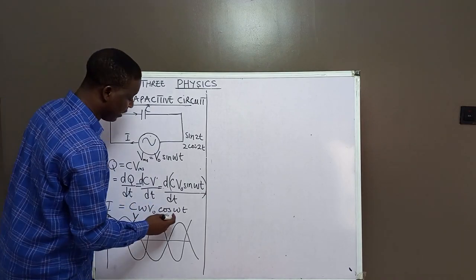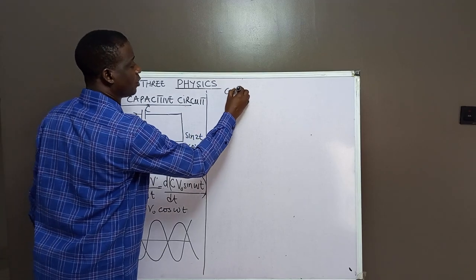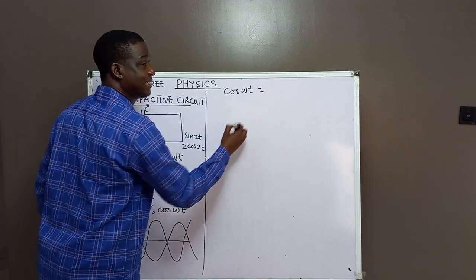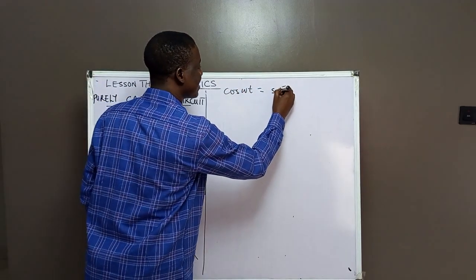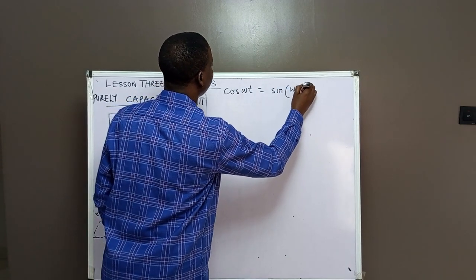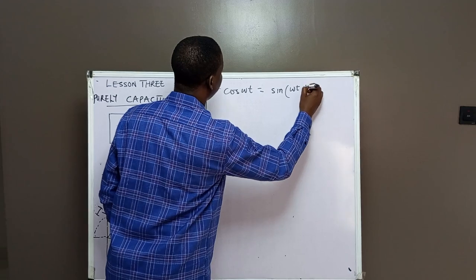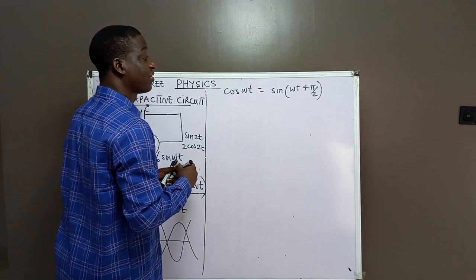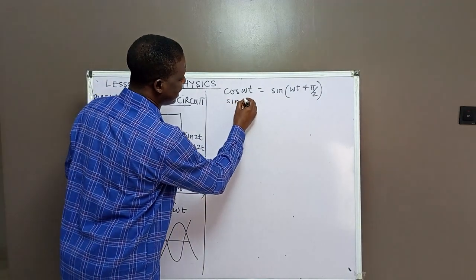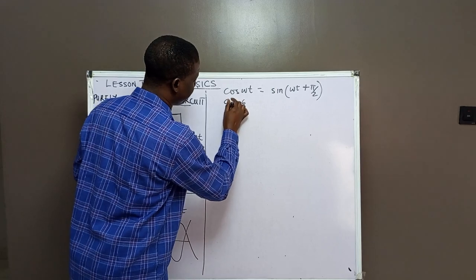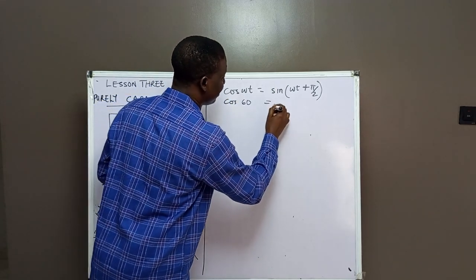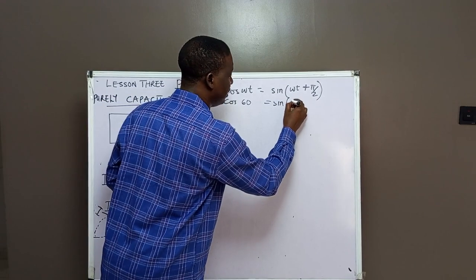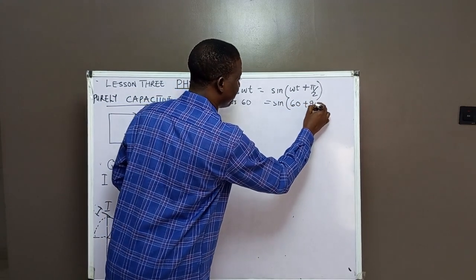pi over 2. Now, if you can remember, mathematically, cos wt is the same thing as sine of wt plus pi over 2. Pi over 2 is also called 90 degrees. What we are trying to say is that cos 60 degrees is the same thing as sine 150, which is 60 plus 90.